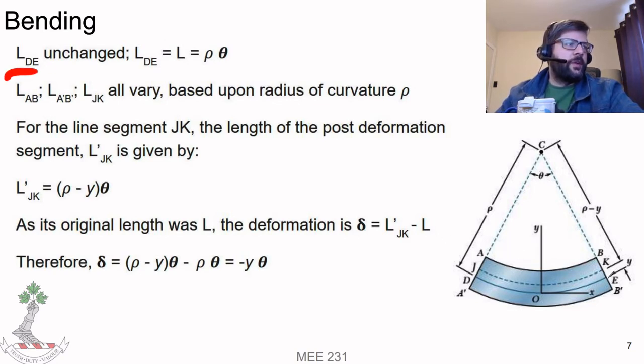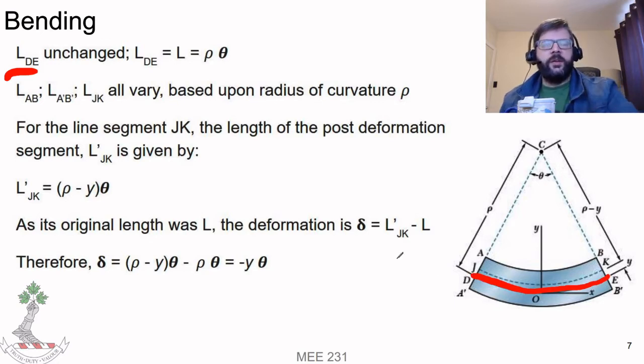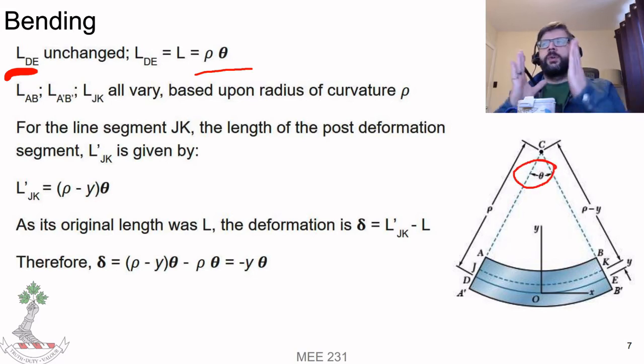So along the neutral axis, you're going to get a certain length that is the same as the original length of the object. That original length, once it's curved, is just going to be rho theta. Rho is the radius of curvature, times whatever angle gets formed over that segment.